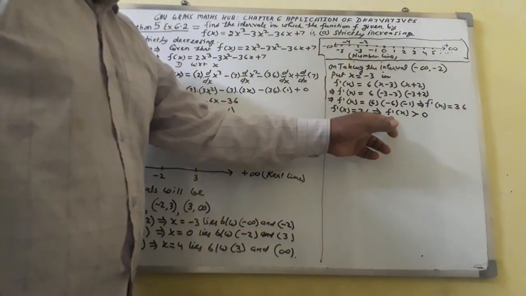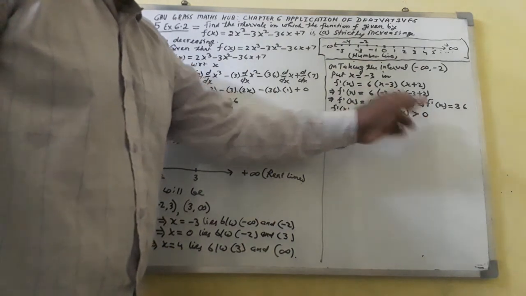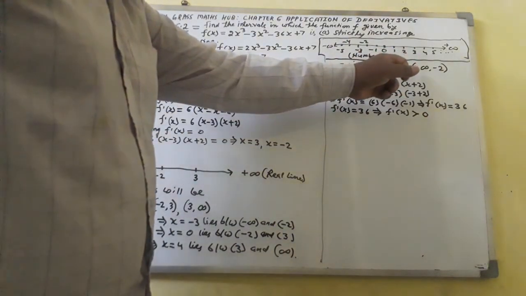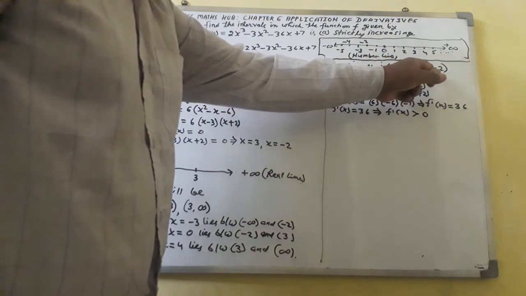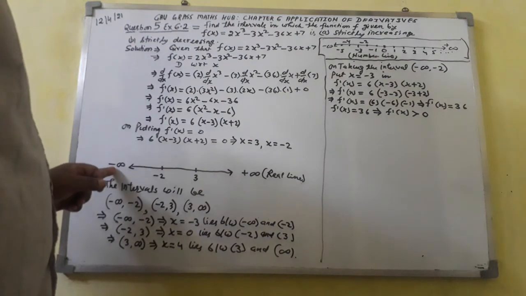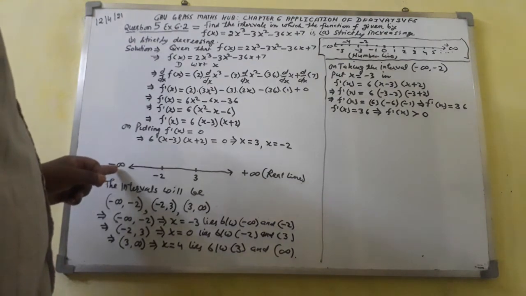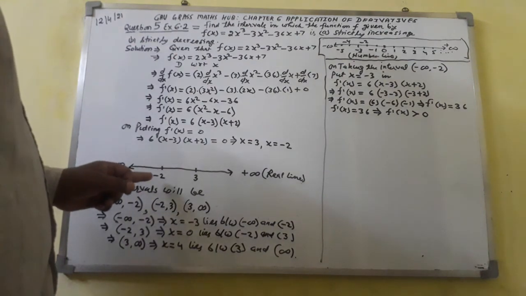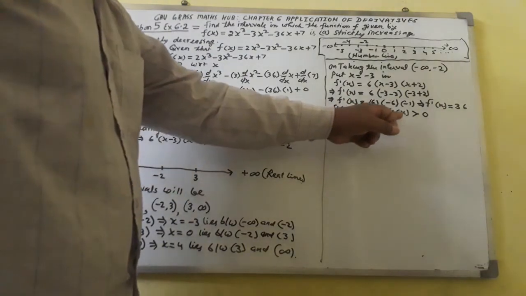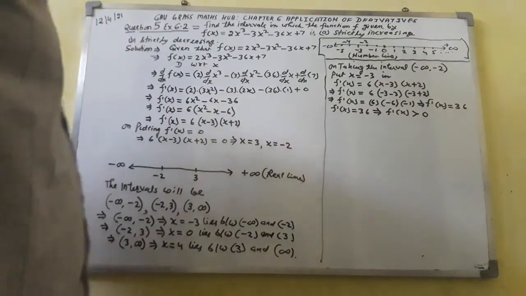f dash of x is greater than 0 in the open interval minus infinity comma minus 2. So in this interval, the value of f dash of x is greater than 0.